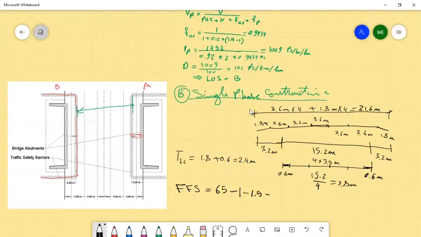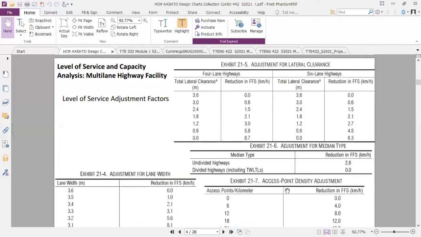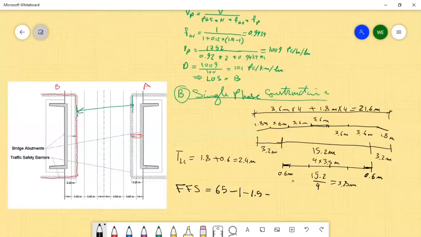And there is no median, so the reduction for no medians is 2.6. So this will end up in 65 minus 1 minus 1.5 minus 2.6. So this is 59.9 kilometers per hour.